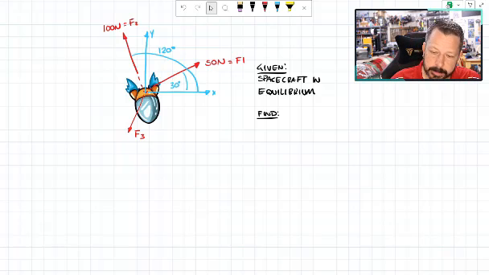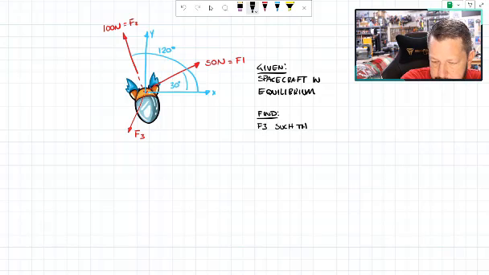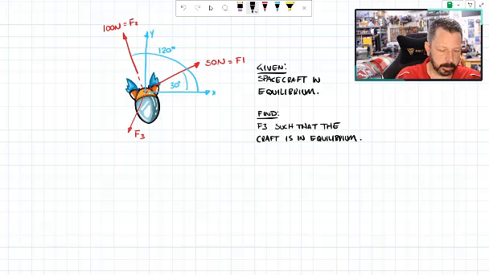Yep. We want to find F3 such that the craft is in equilibrium. Okay. All right.